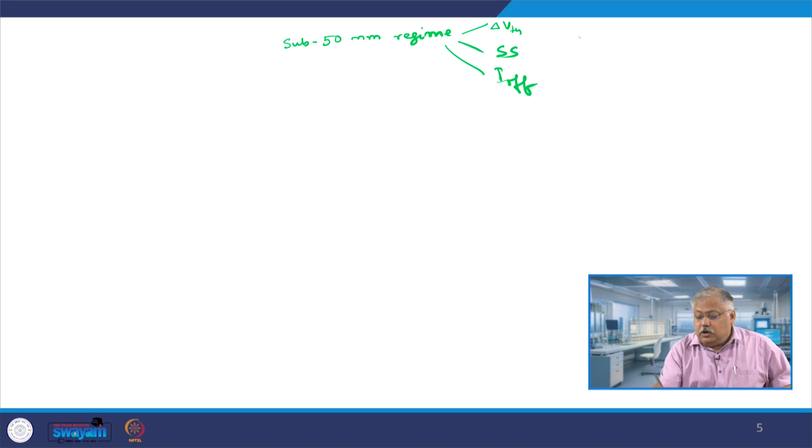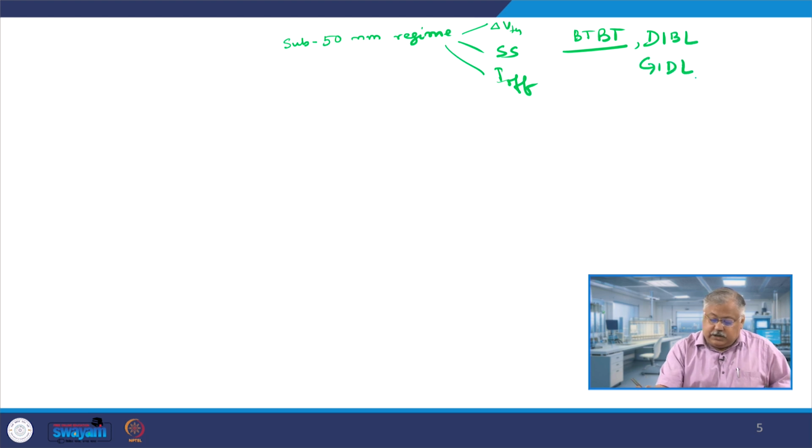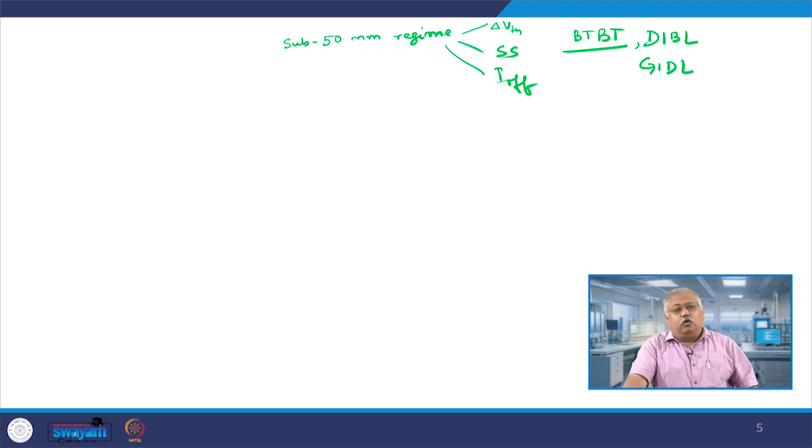Further than this, you will also have BTBT, band to band tunneling current. You will have DIBL effects, the drain induced barrier lowering, you have gate induced drain leakage, GIDL, and so on and so forth. So to solve this problem over a period of time, many researchers have worked on it and they came out with many solutions for that.